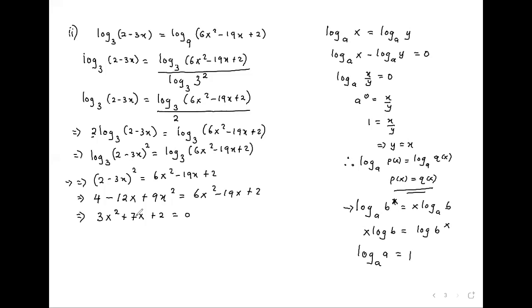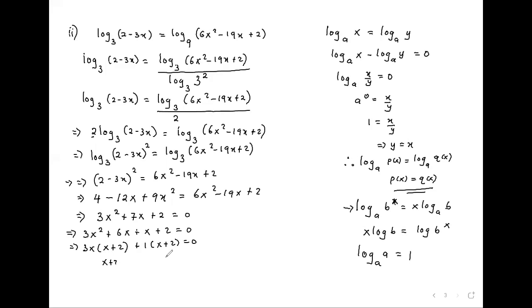So the factors should be 6 and 1. So plus 6x plus x plus 2 is 0. Factor out 3x, we have x plus 2. Factor out 1, we have x plus 2.